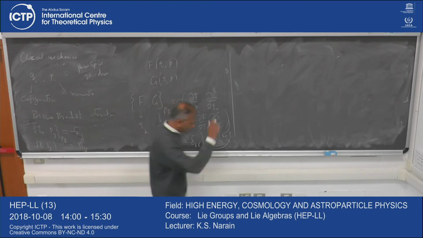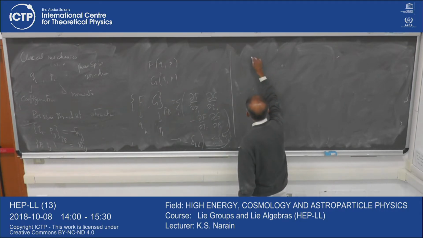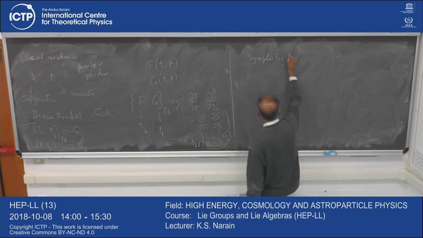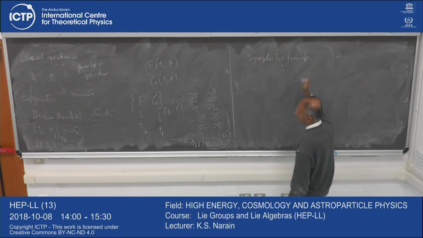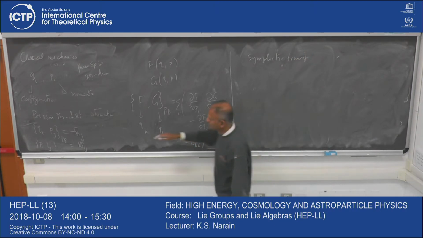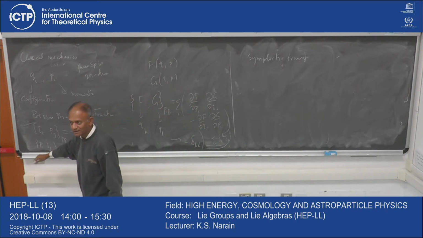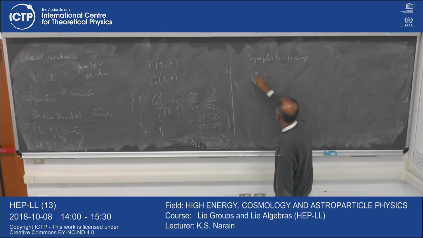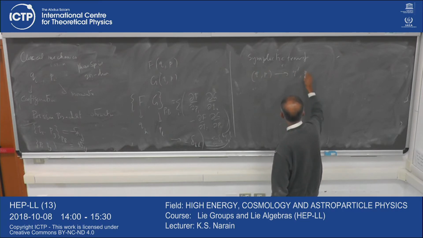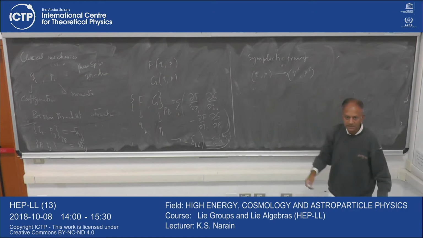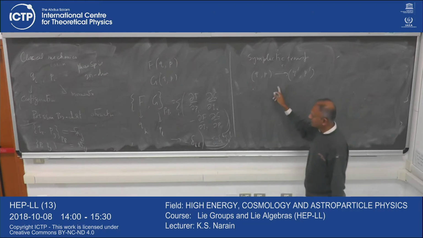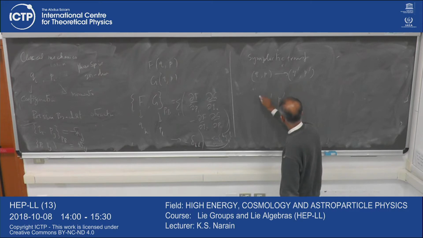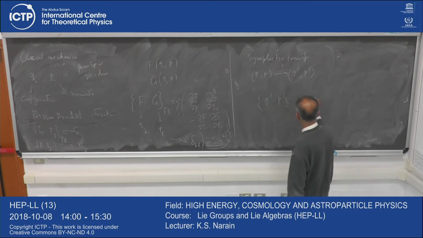Now, what are the symplectic transformations? Symplectic transformations are the ones which leave this Poisson bracket invariant. In other words, you take Q and P, go to some new variables Q prime and P prime, but in such a way that with respect to Q prime, P prime, again the Poisson bracket is simply minus delta.